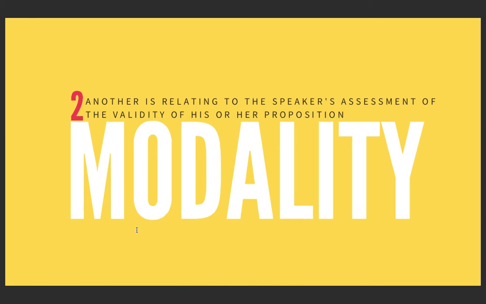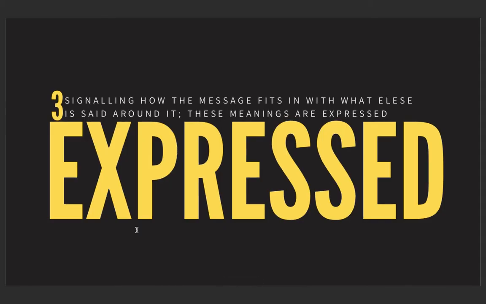So number two is another relating to the speaker's assessment of the validity of his or her position. So these meanings are typically expressed by the use of modality resources of the language, for example, may, possibly, etc. And then we have number three, signaling how the message fits in with what else is said around it.